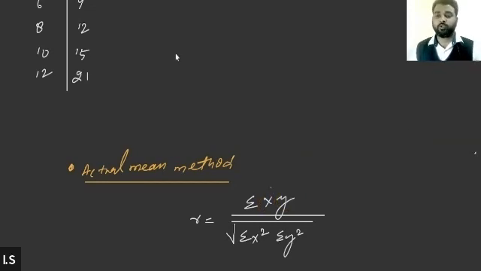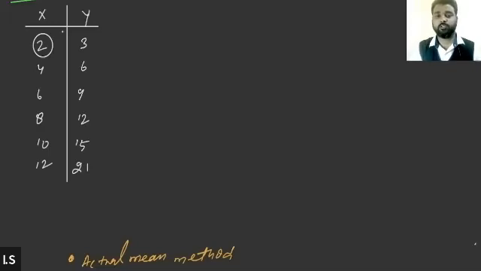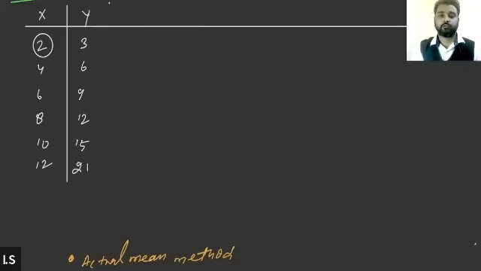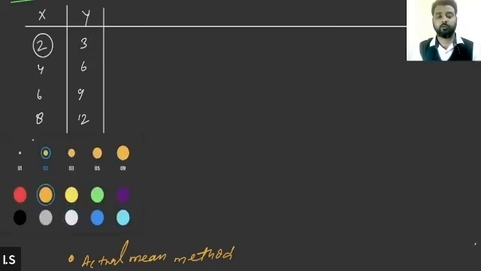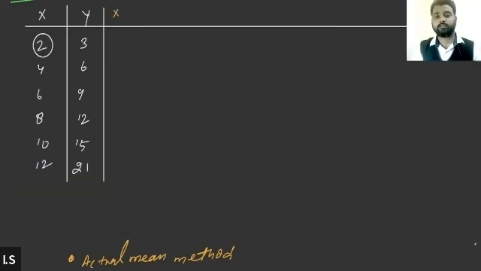Okay, so first of all, make a column and determine the value of deviation of x and y. For that, we will be writing x equals item minus mean.